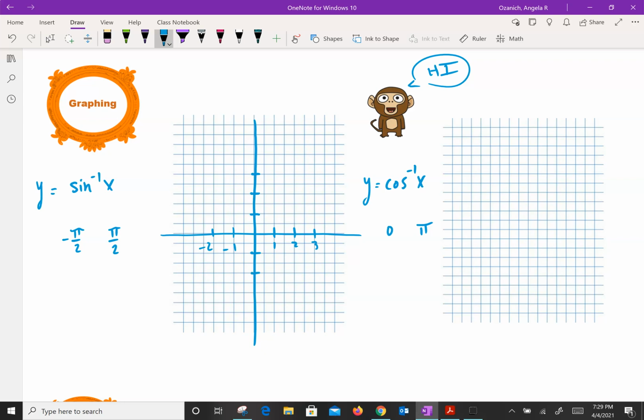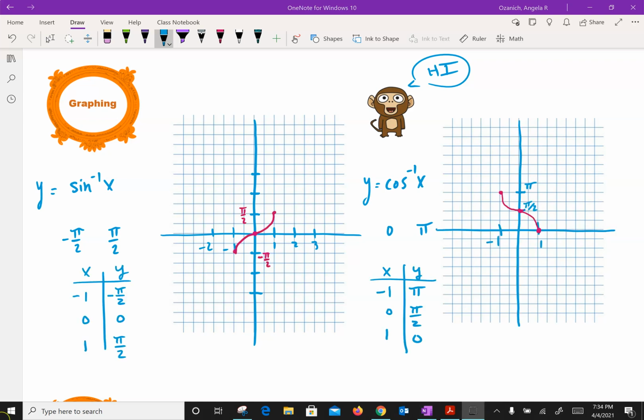Okay. So let me get these drawn for you real quick, and I'll be back and we'll just talk about them. And then really I would like you to watch that other video because I think it does a nice job of transformations, like just moving and sliding your graphs around the coordinate plane. Okay, we'll be right back.